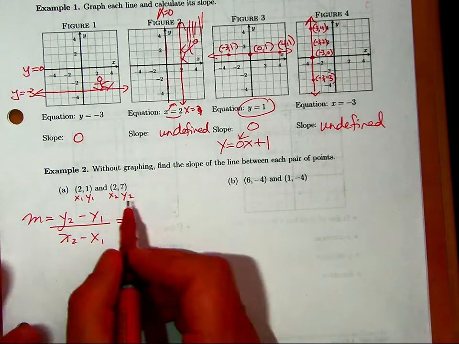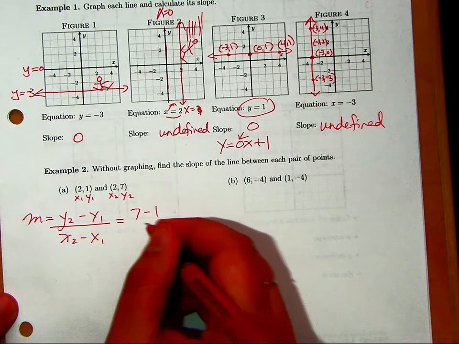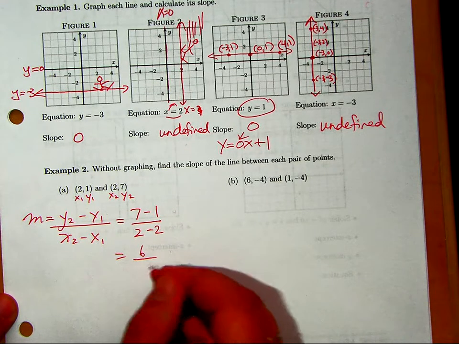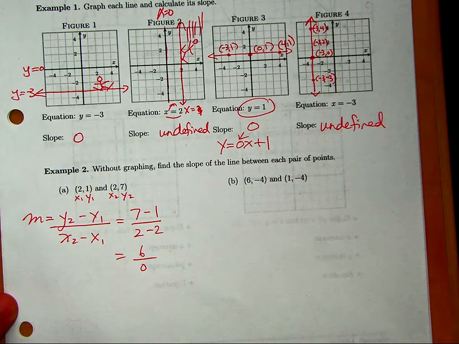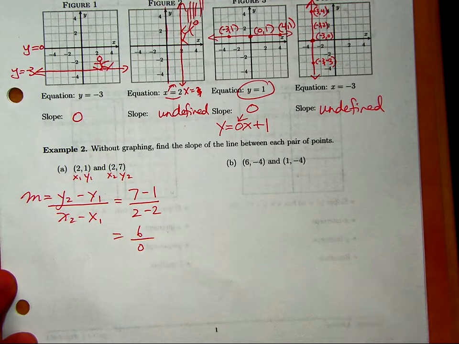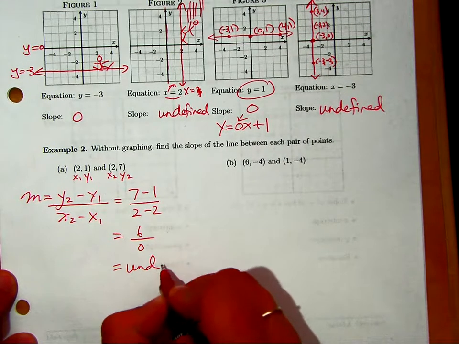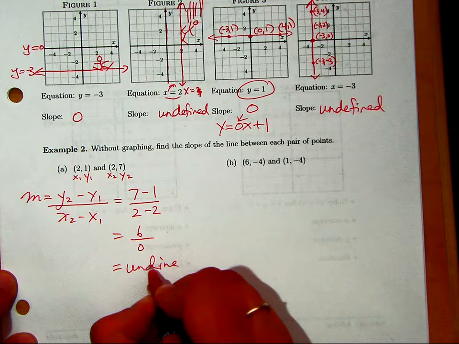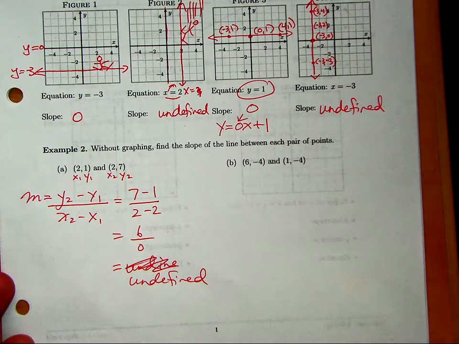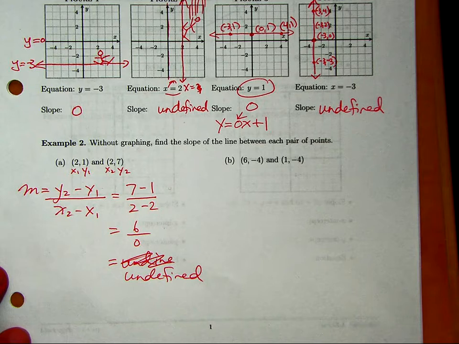Just be consistent. So 7 minus 1 over 2 minus 2 equals 6 over 0. What happens when we divide by 0? Undefined. Yes, error, undefined. We don't have that number in our number system. Can anyone, just by looking at those points, tell me what the equation would be?